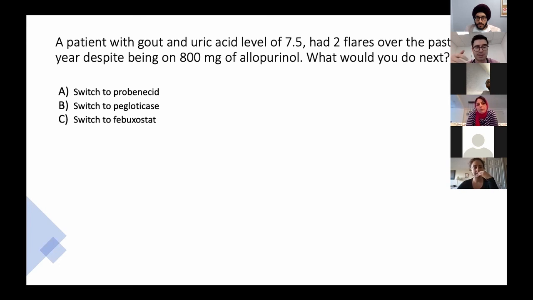If the patient has a genetic predisposition, and by genetic predisposition we mean they say they have origin of Han Chinese or from Thailand, then you look for genetic screening for those patients. But otherwise, they should be on allopurinol. If that doesn't work, you go to febuxostat before you try these other agents, probenecid, and last is pegloticase.